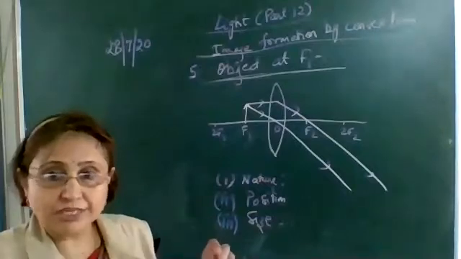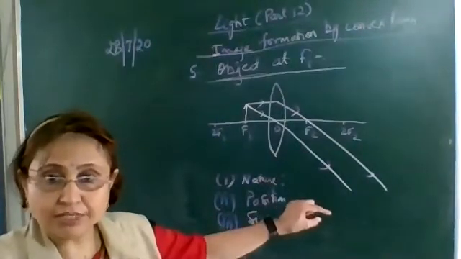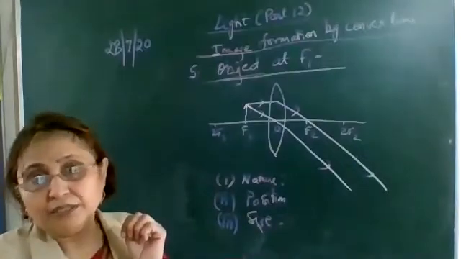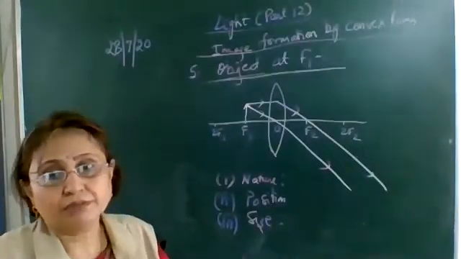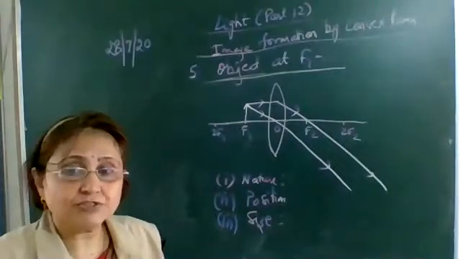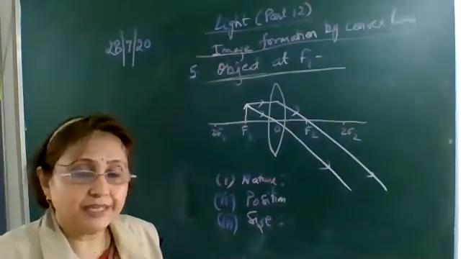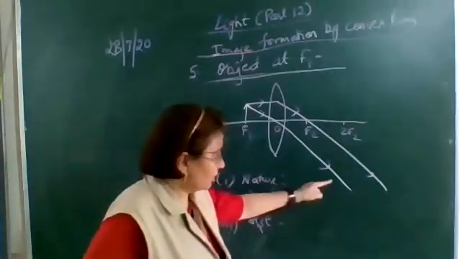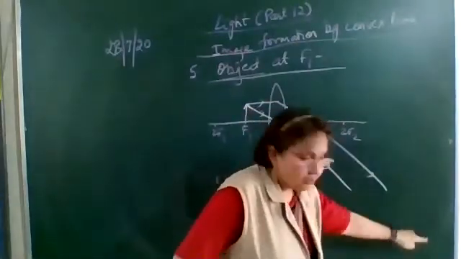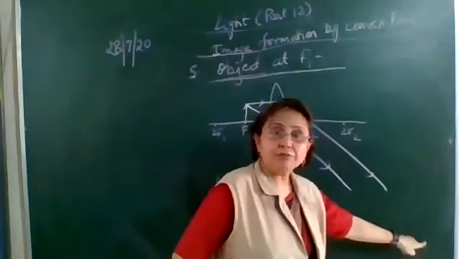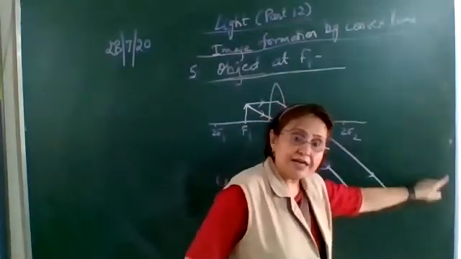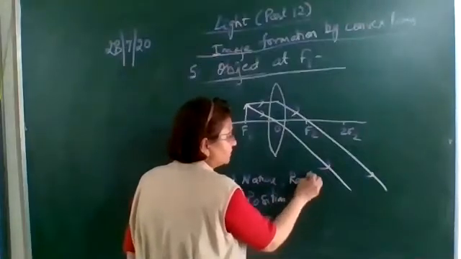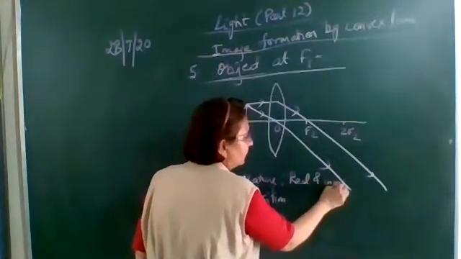So these rays are appearing to be parallel for this particular distance, but very far away they will actually meet. And whenever the rays actually meet, we know that the nature of the image is real, and real images are inverted. Very far away they are meeting. So the image will be formed very far away and it will be upside down. So the nature of the image is real and inverted.